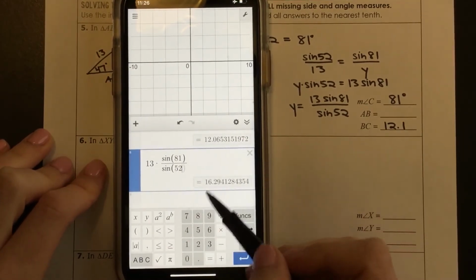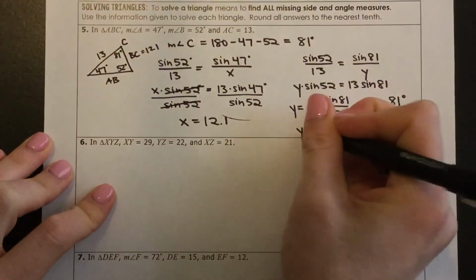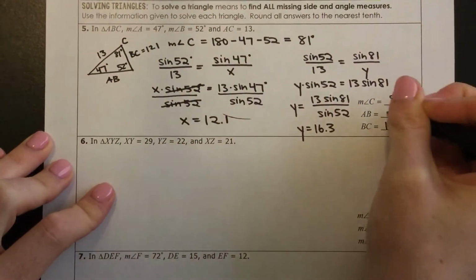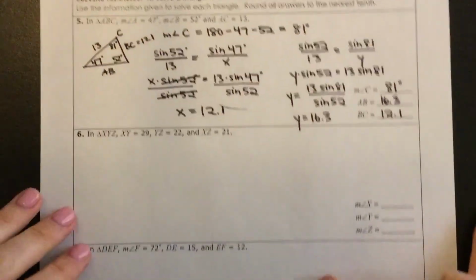Okay, so round to the nearest tenth, I get 16.3. Okay, and one final problem right here, number 6.